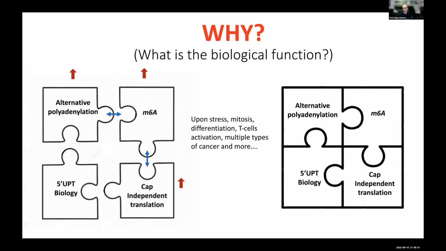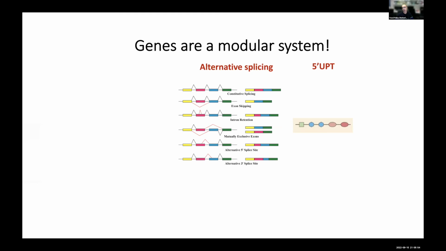So to make a very, very long story short, what we start to unravel now, when the dust starts to fall down, is that if alternative splicing is the major dogma in the field that can increase the diversity between genes, like the fine tuning of many genes, we found that the 5' UPT is actually a way to sub-regulate a specific domain in a protein, which means that the genes are actually a modular system.